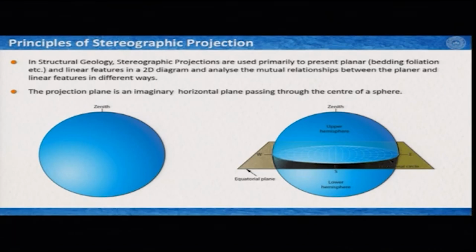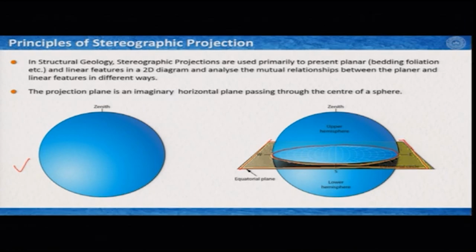A stereographic projection, as we have seen, is generally a circular area, but what is this circle? This circle is achieved by inserting a horizontal plane inside a sphere. As you can see here, on the left side you have a sphere, and if I insert this green horizontal plane through the equator of this sphere, then it creates a circle in the middle, and this is your stereo net or projection plane.